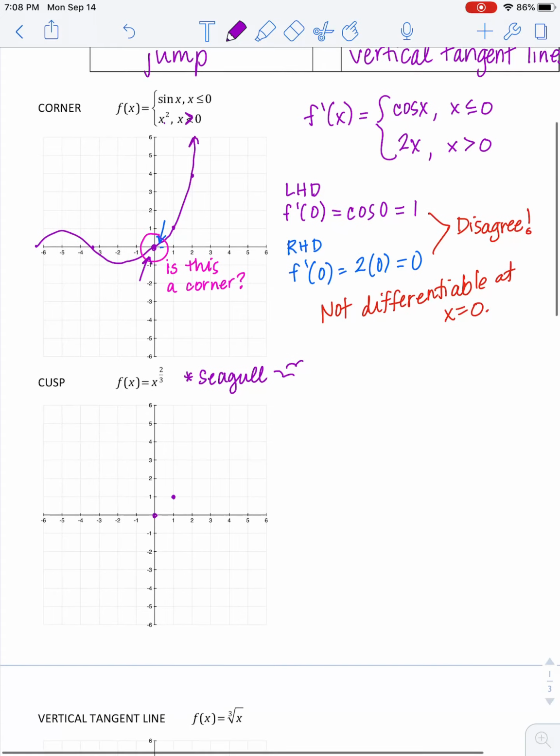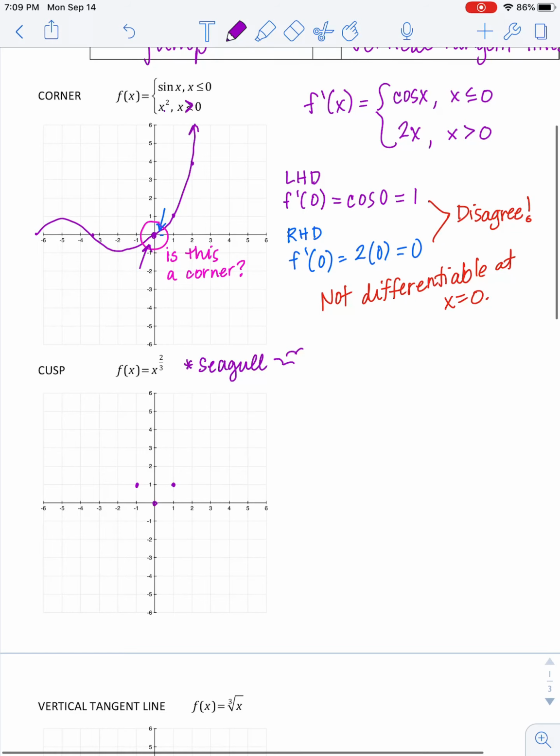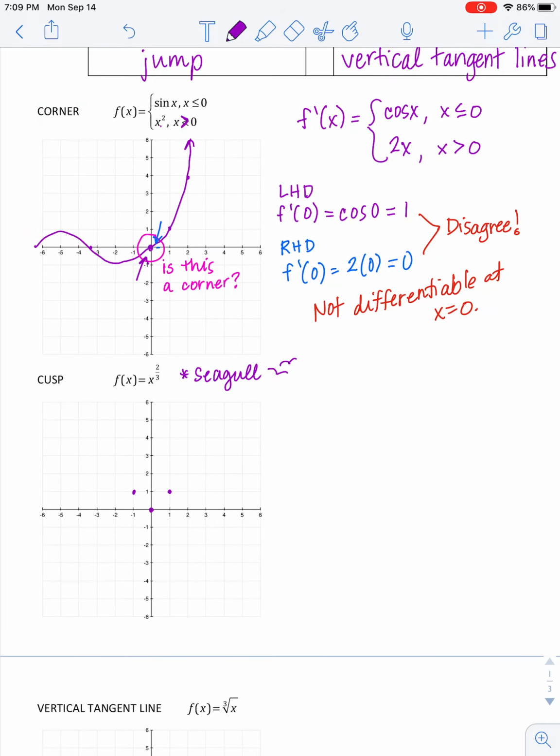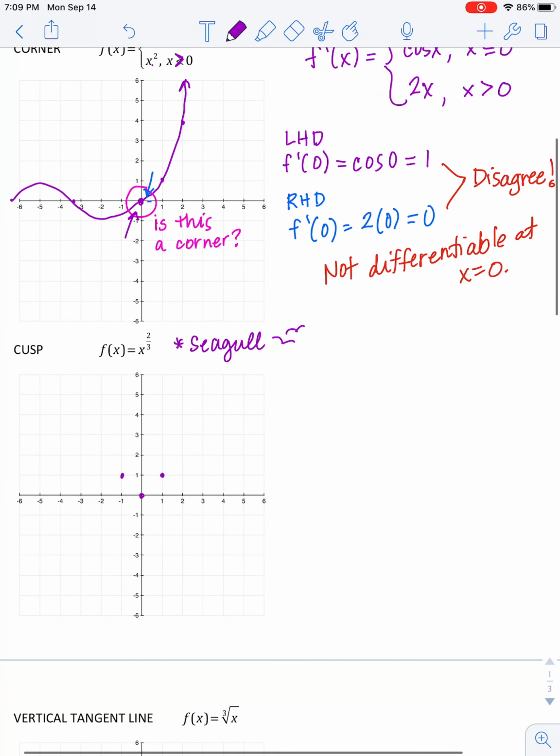What else do we know about this function? I guess 8 is probably the next value. 8 to the 2/3 power is 4. It doesn't really fit on here, so 8 would be somewhere off here.